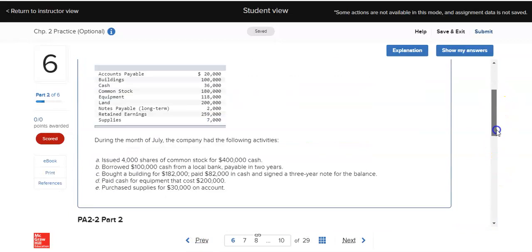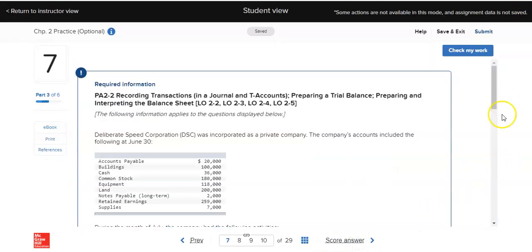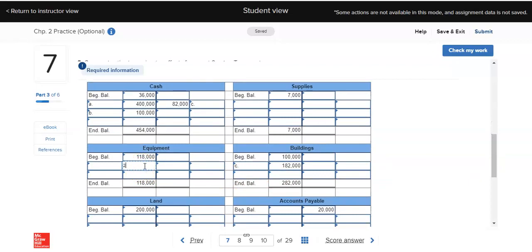In transaction D, we have a debit to the equipment account for $200,000 and a credit to the cash of $200,000. Equipment debit, which means put it on the left side, and cash is a credit, which means put it on the right side. Remember, debit means left, credit means right.